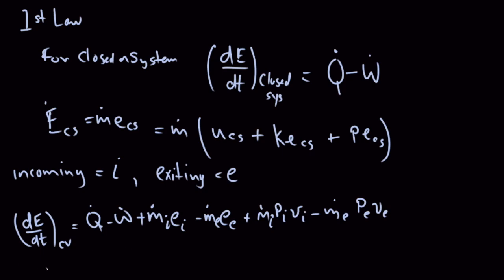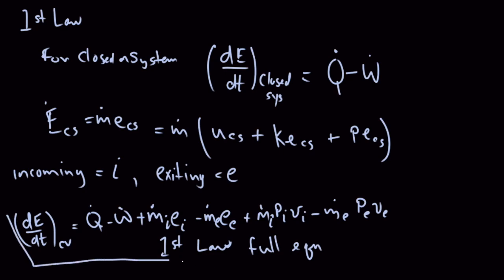Okay, so this is important. This lays out all the total energy, and so we call this the first law full equation. It merits boxing it in just to highlight it.